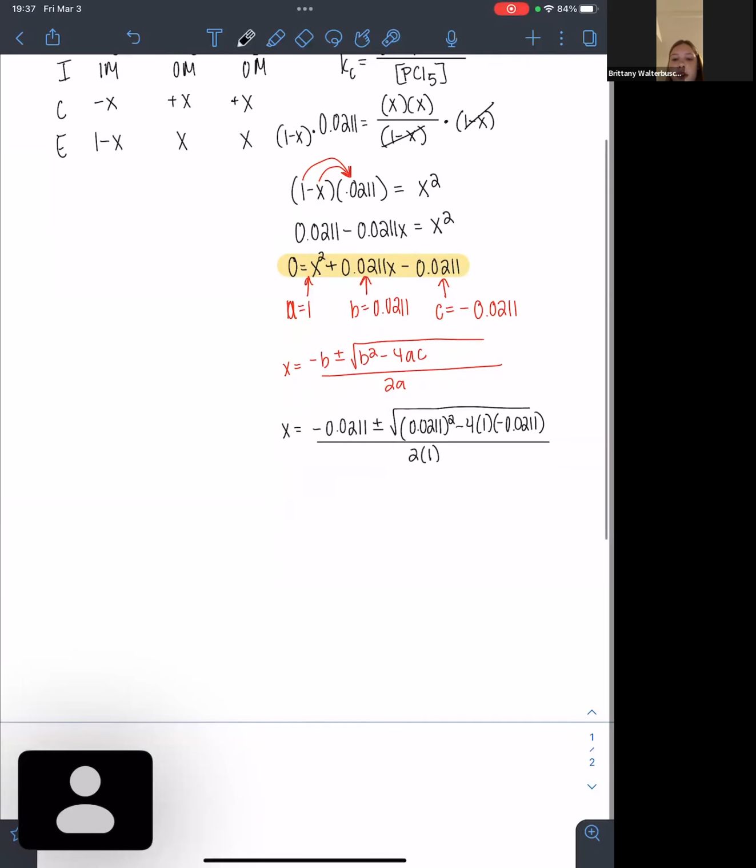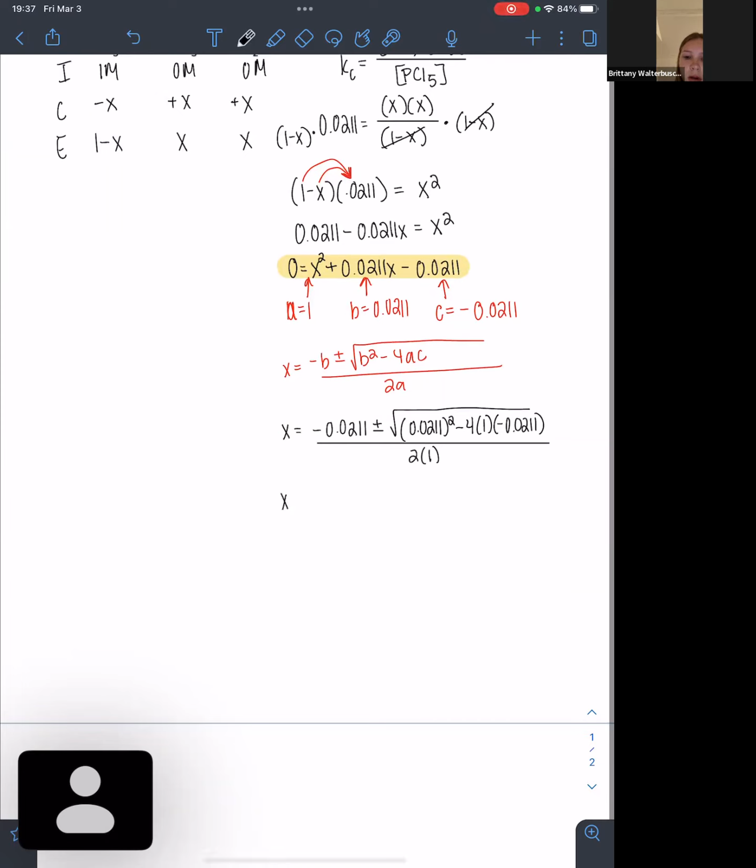So now let's shorten this and condense it a little bit. Under the square root, let's take that value and square it. If you take the square root of 0.0221 and then subtract those variables that are multiplying each other, and then square root it, you should be getting 0.291.